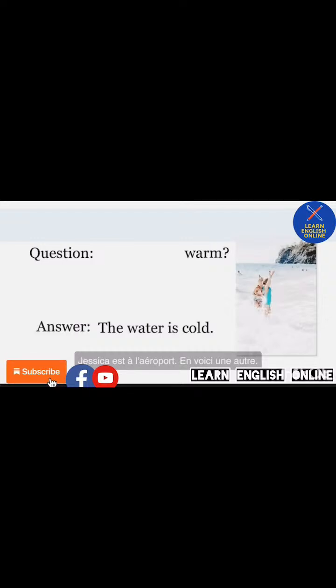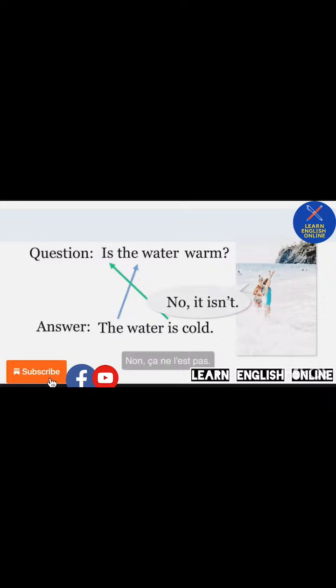Here's another. What is the question? The answer is the water is cold, and we want to reverse the order. Is the water warm? No, it isn't.